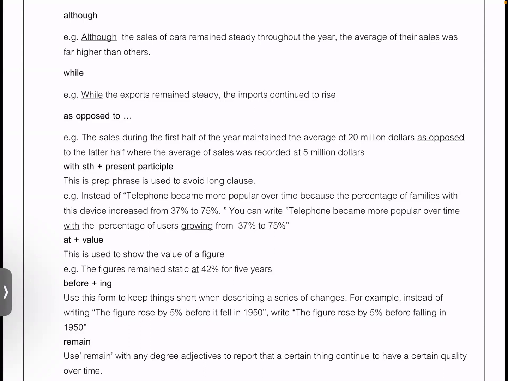Now, instead of using an adverb clause, I can just use with the percentage. Now, this word percentage is not the subject in the sentence. It's the object. So I have to use a non-finite verb with the word percentage. So I can't say with the percentage grow from. I have to change it to present participle. So with the percentage of users growing from 37% to 75%. All good? So that's it.